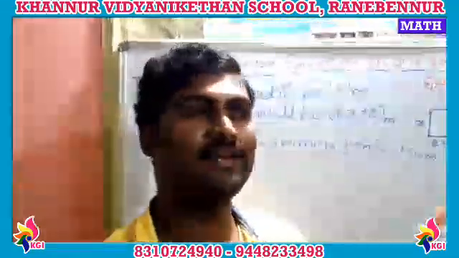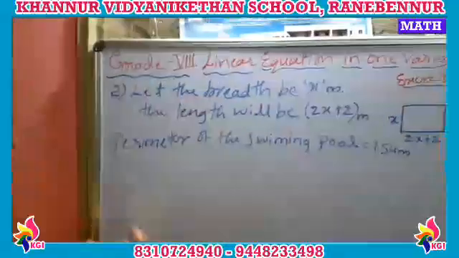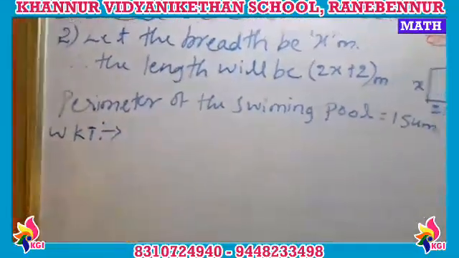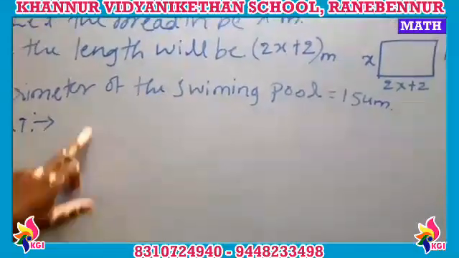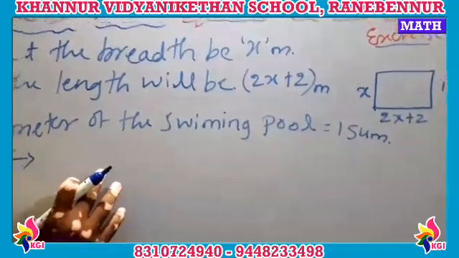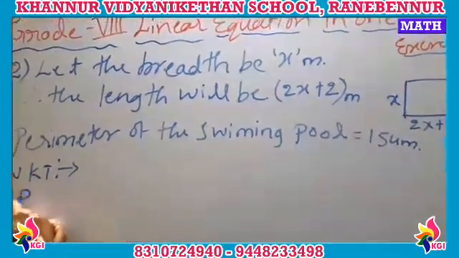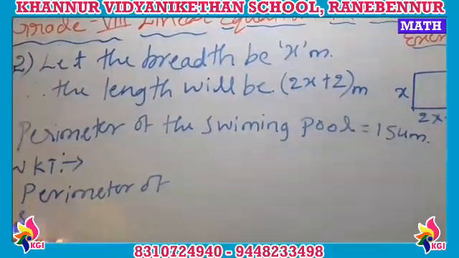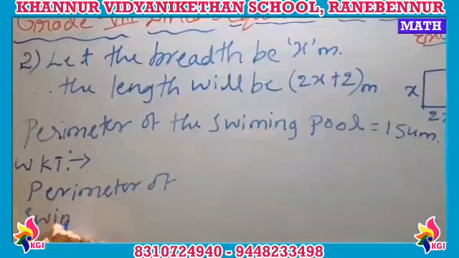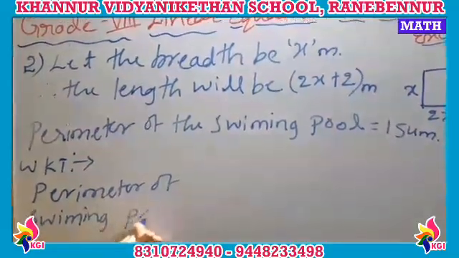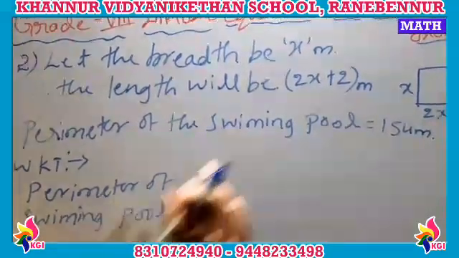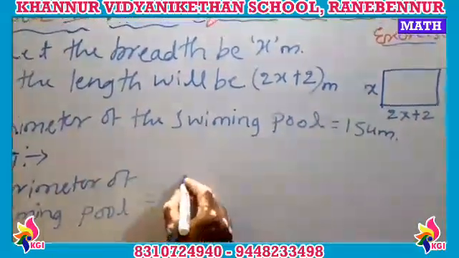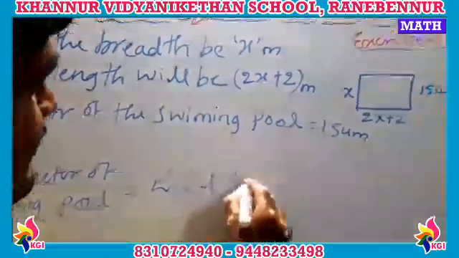So the perimeter of a swimming pool is equal to, as it is a rectangle, we can use the perimeter formula, 2 of (L plus B).